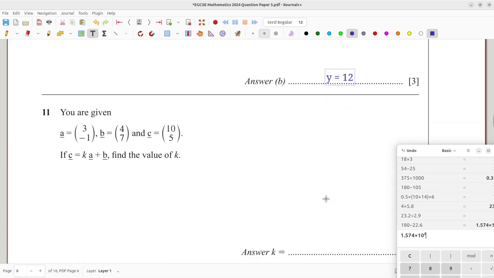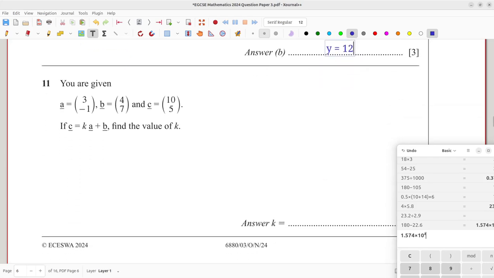Next question. You are given matrices here. Then your C is equal to K multiplied by A plus B. So let's go and work this one out.